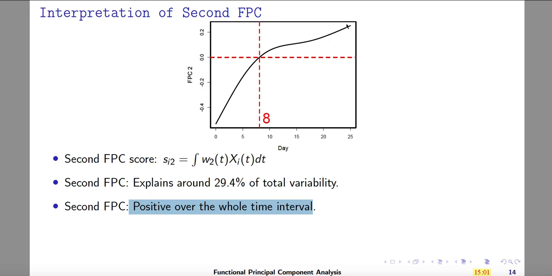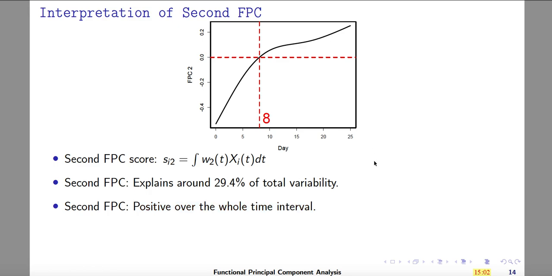If you think about this integral, you can treat it as a pointwise average with weight W2(t). The weight before day 8 will always be negative, and the weight after day 8 will always be positive.